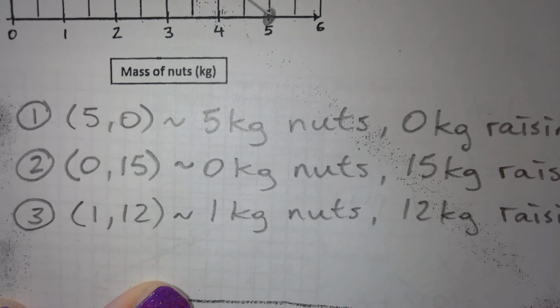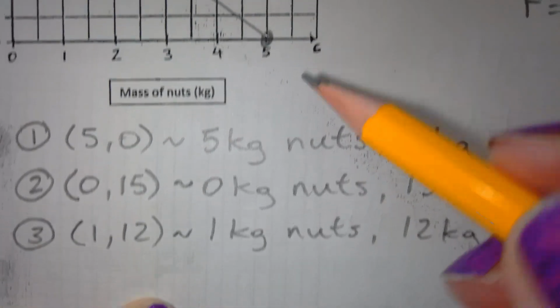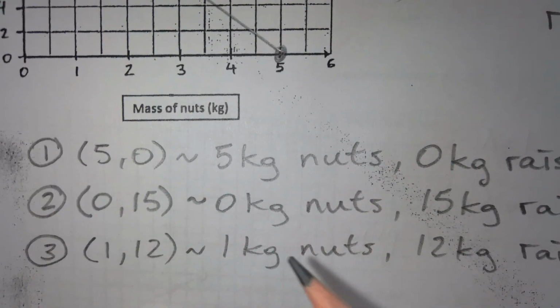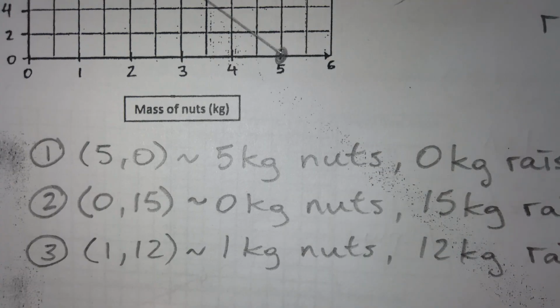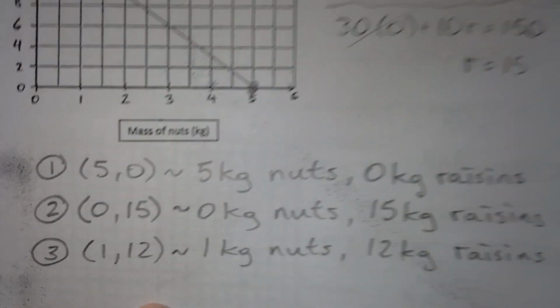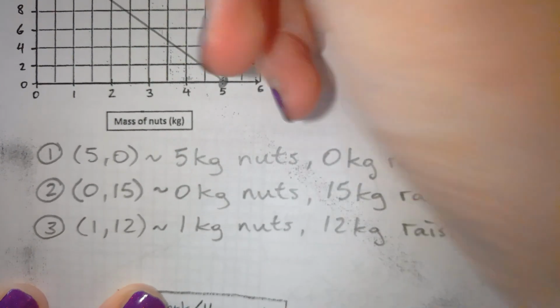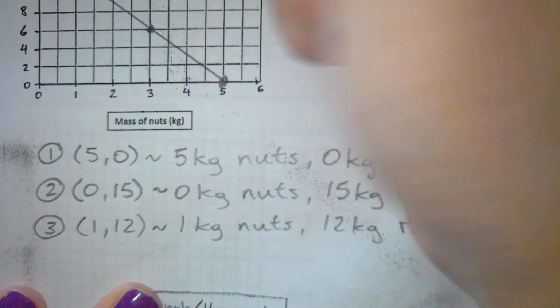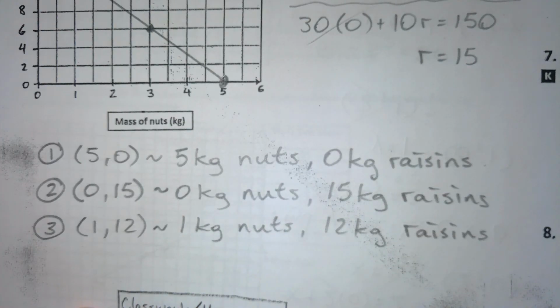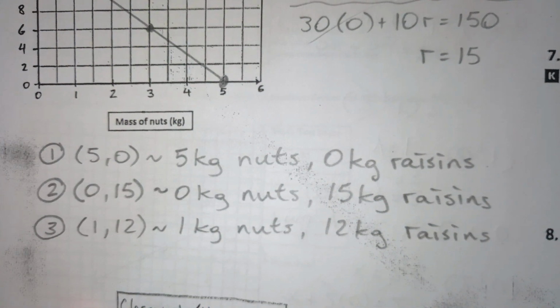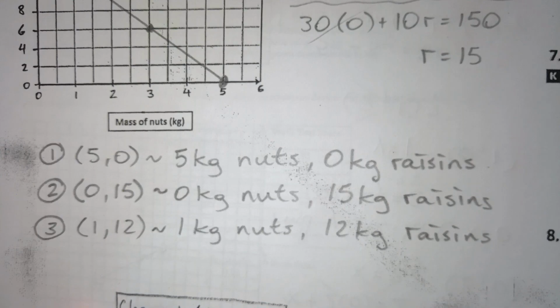That's why sometimes doing the x and y intercept to graph your line, you can find the combinations easier this way. Betsy, can you give me another one? 3 and 6. That's right. This point right here. So 3 and 6, same idea. So 3 kilograms of nuts, 6 kilograms of raisins. If you do that mixture, your mixture would also cost $150.